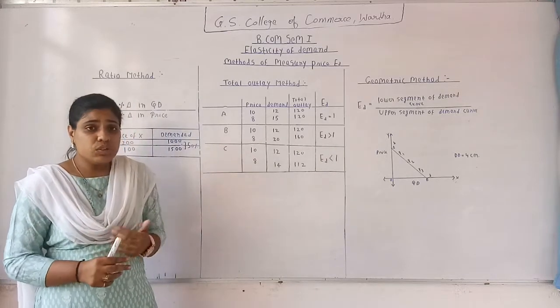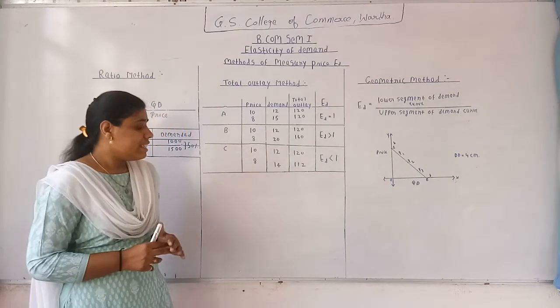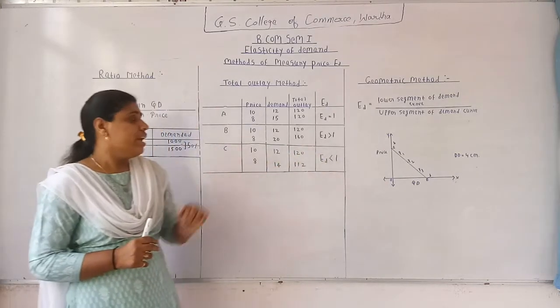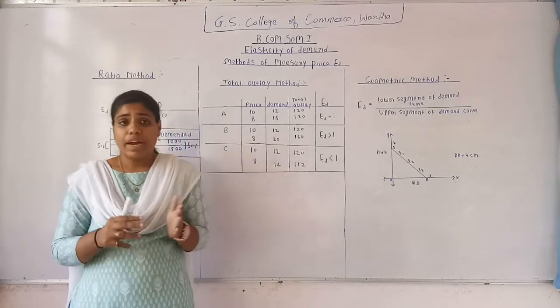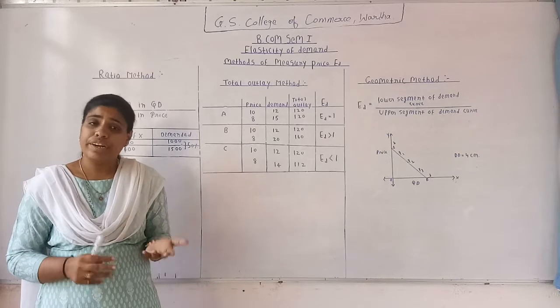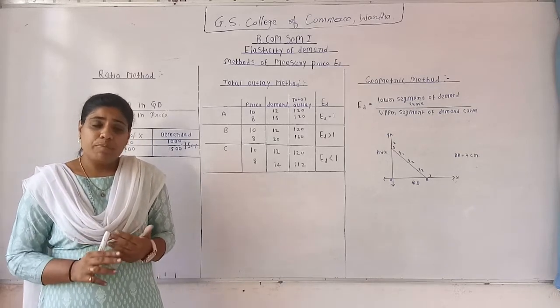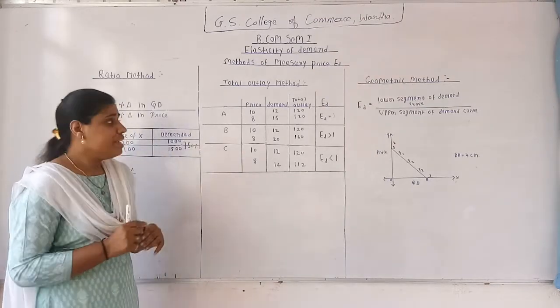If due to change in price the total outlay decreases, then elasticity of demand is going to be less than 1. And where the price changes but the expenditure of a consumer remains constant, the elasticity of demand will be equal to 1. We will understand this with the help of an example.